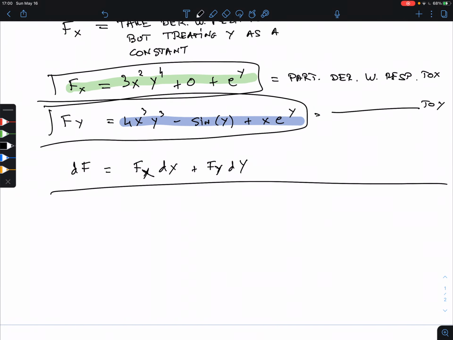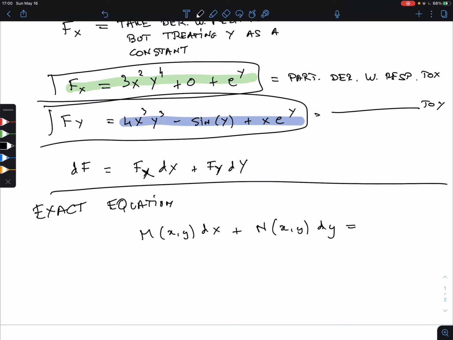So what is an exact equation? And now I can finally tell you what an exact equation looks like. Let me see that I keep the same notation as in the book. An exact equation is something where an expression M in x and y, dx, plus N in x and y, dy equals 0.